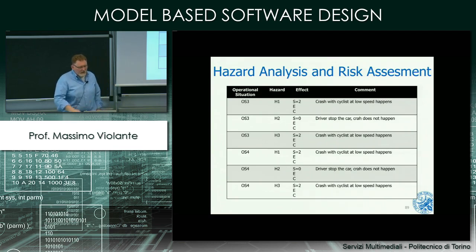When we consider the other scenarios, 3 and 4, here we have a cyclist involved. So take into account that we are in a parking lot. So it is likely that we are driving at low speed. Most likely we just have S2.